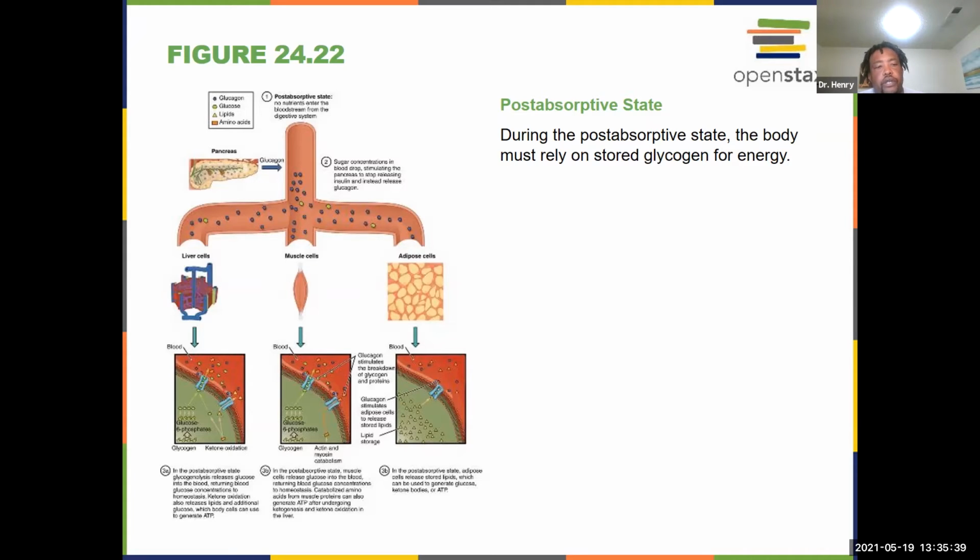Then glucagon is going to go to the liver cells. It's going to stimulate the liver cells to start releasing glucose. The way that it's going to start releasing glucose is by glycogenolysis. In that case, you're basically going to be cutting up glycogen molecules so that you're getting those glucose molecules.